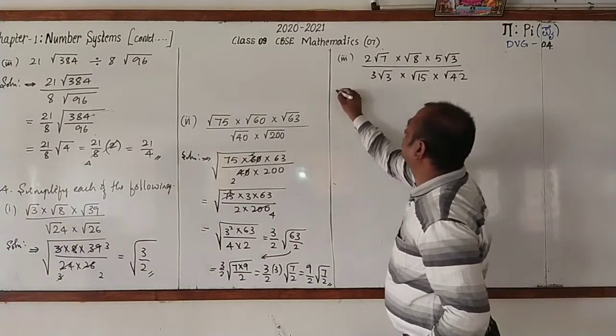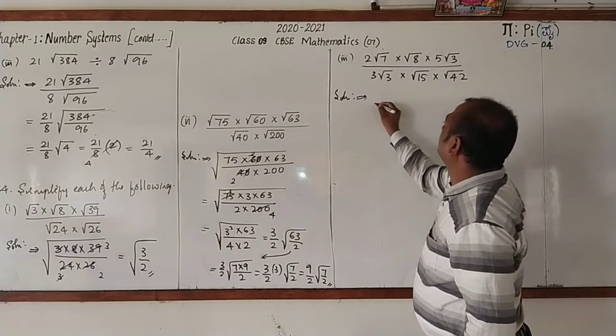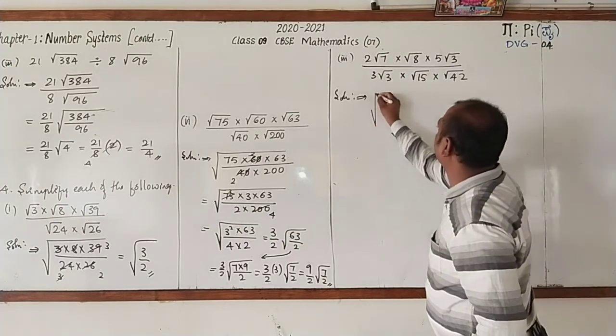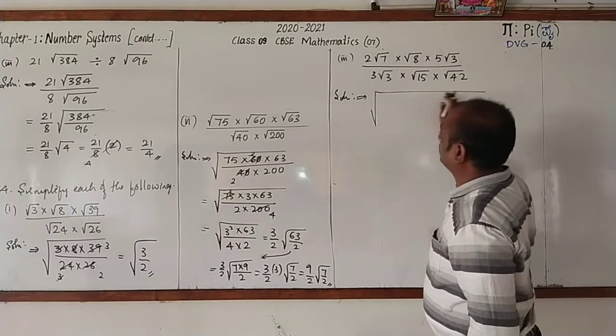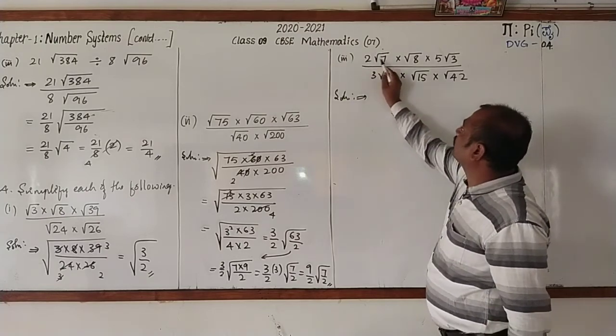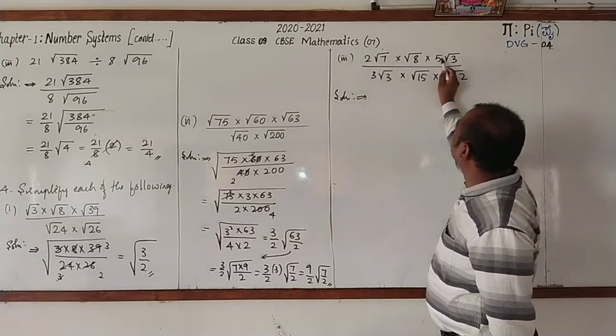Here also all are square root numbers. Again I follow the same method. One more thing you can notice: here the coefficient 2 is there, here 3 is there, here 5 is there.